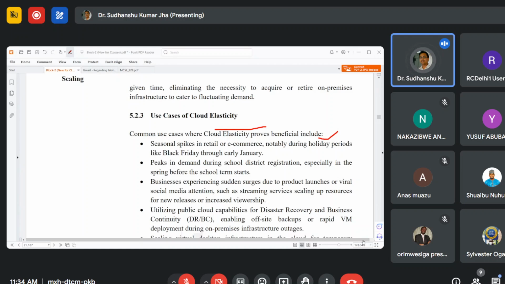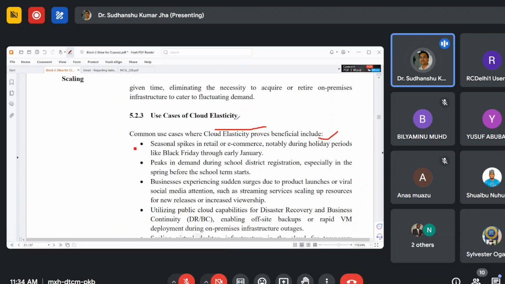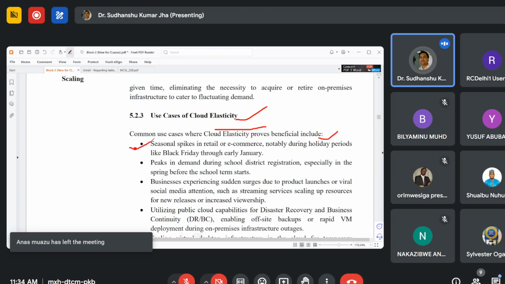Amazon should predict this spike before starting this kind of good offer. Otherwise, the server will go down, and Amazon may not be available to serve the customer. So elasticity is required to service seasonal spikes, peaks in demand during other events like school district registration.